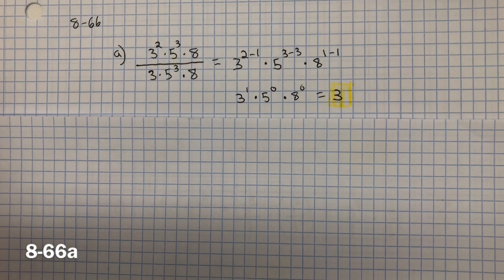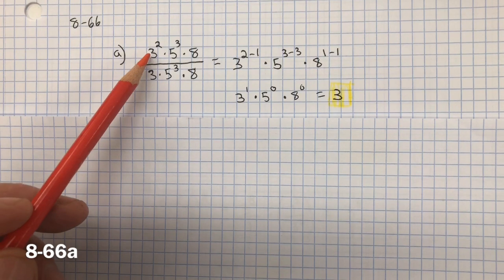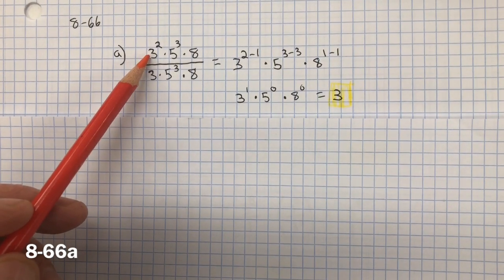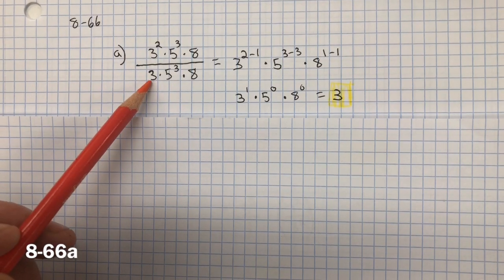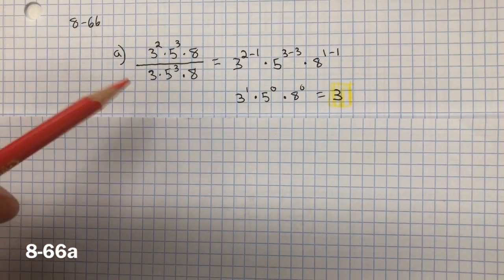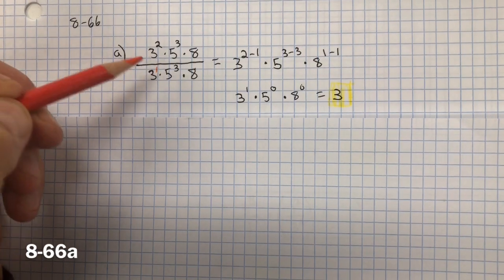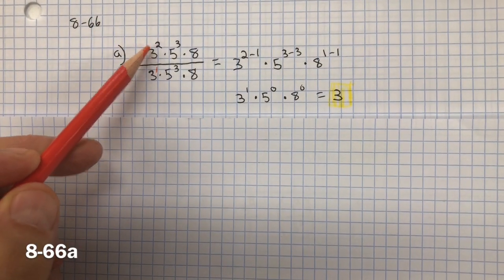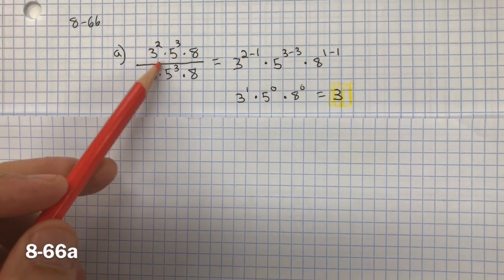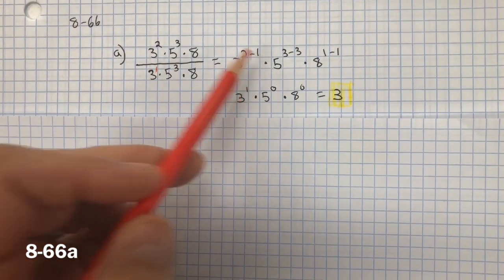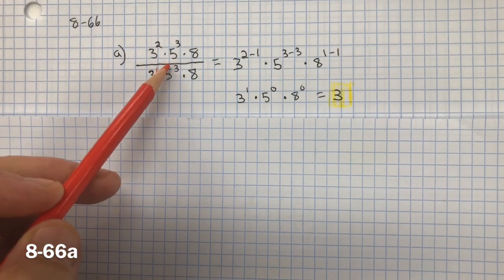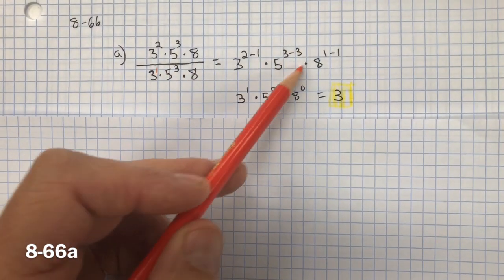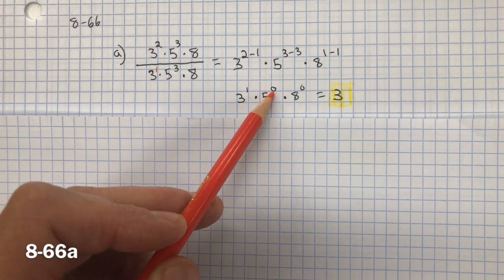For problem 866, we need to simplify the expression. So here I have 3 to the second power divided by 3, which could be 3 to the first power. So 3 to the second power minus 1 is going to be 3 to the first power. 3 to the third power minus 3 to the third power equals 0.